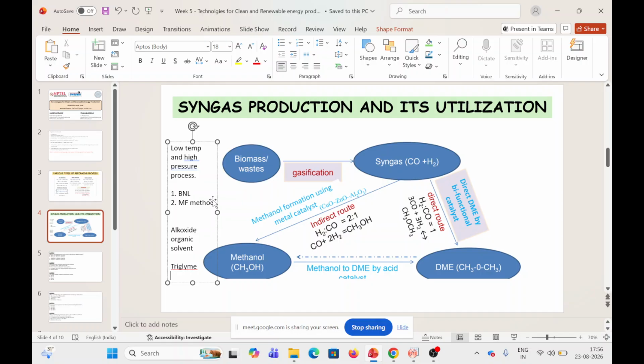So we basically convert them into different kinds of fuel, and these fuels are going to be cleaner in nature. So then we use these clean fuels for our energy production. That's how hydrogen gas is also going to be used for different kinds of energy, because hydrogen has a lot of potential for energy.